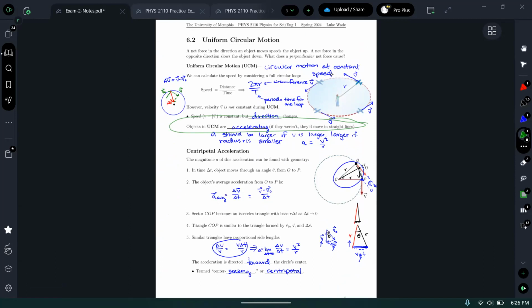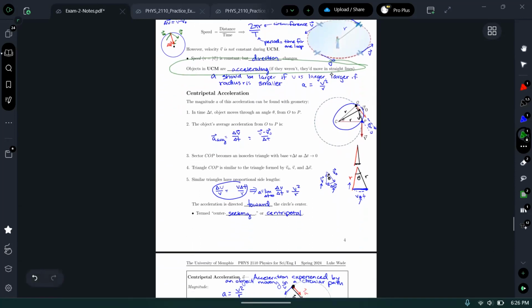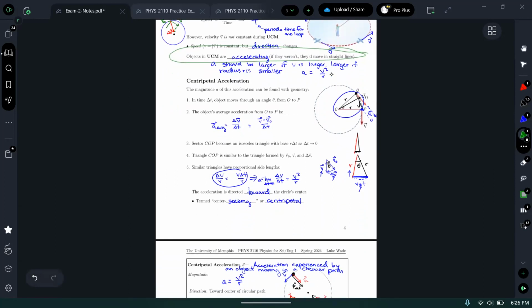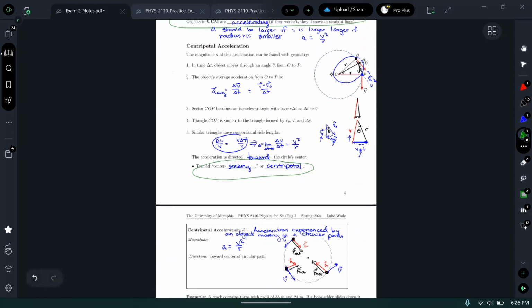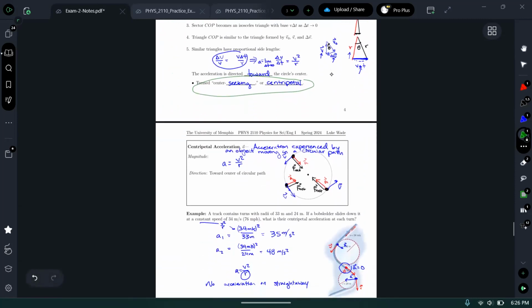This is the case where we finally see that it's the direction changing. The type of acceleration is called centripetal, meaning towards the center. Not away from the center, not tangent to the circle, not any other weird direction. It means towards the center. If you remember that for the centripetal acceleration and centripetal force, you're good on the direction related stuff.